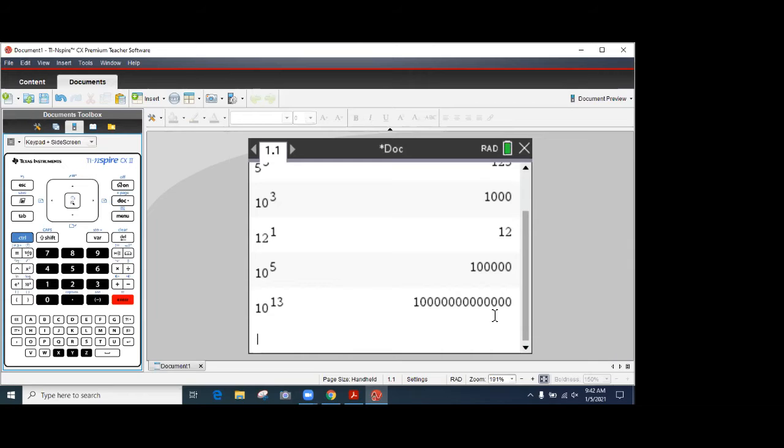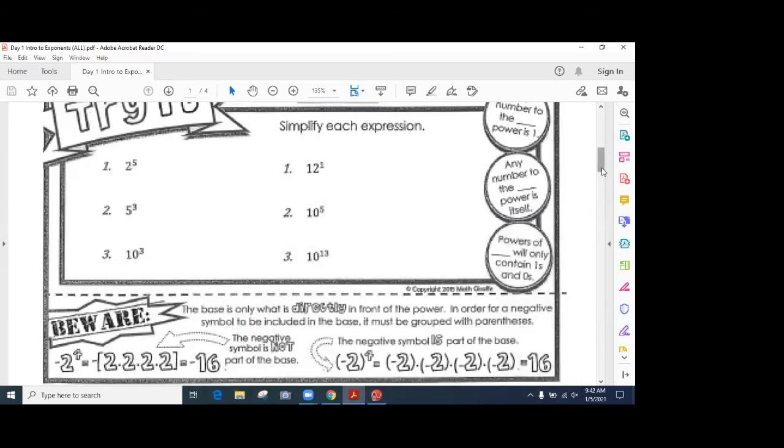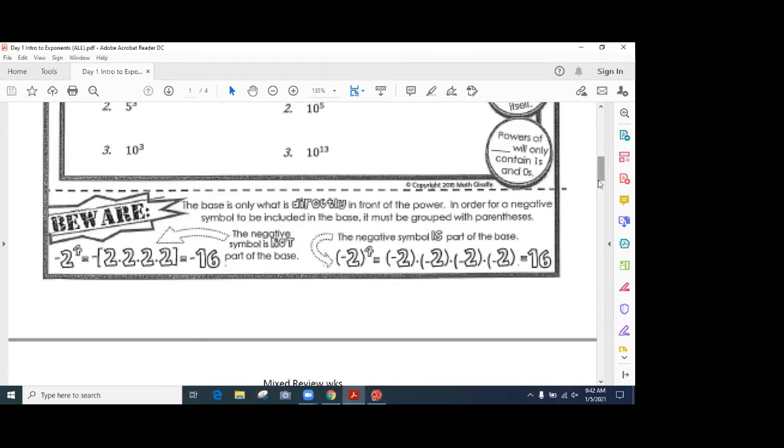Okay. All right. So there are a few other little rules, but for the most part, what I'm going to say is just make sure you always plug this into the calculator. Here's what I am going to tell you about this rule. I want you to look at the bottom. I want you to notice that this does not have parentheses, but this does. All I'm going to tell you is that it matters.